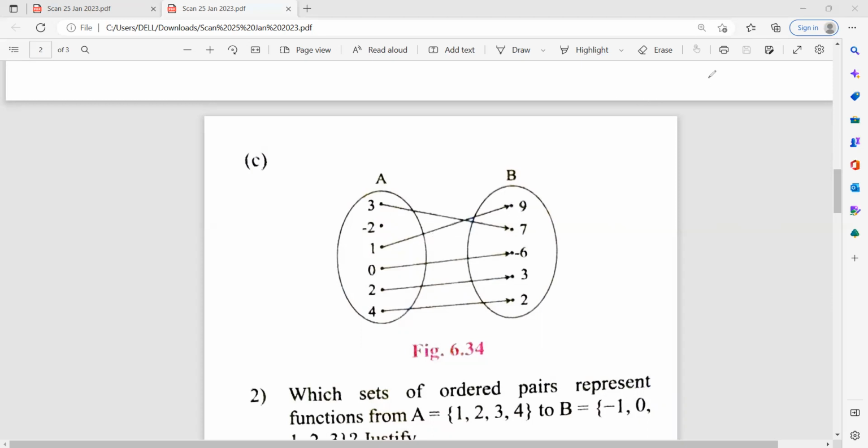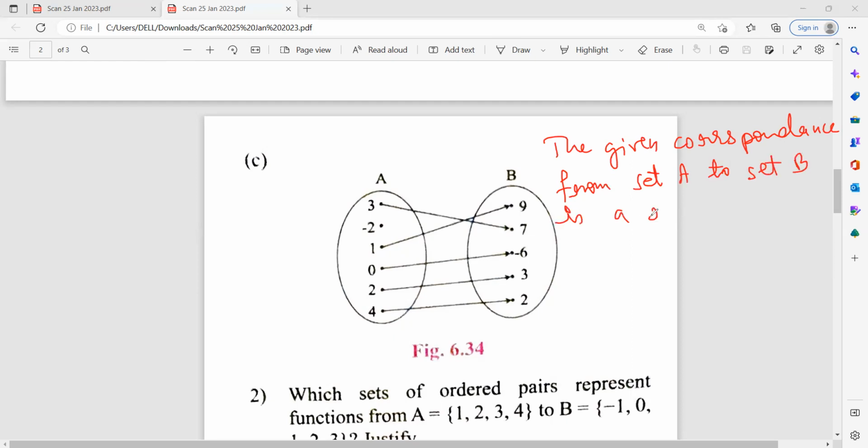So I will write here: the given correspondence from set A to set B is a relation, but not a function. What is the reason for this?